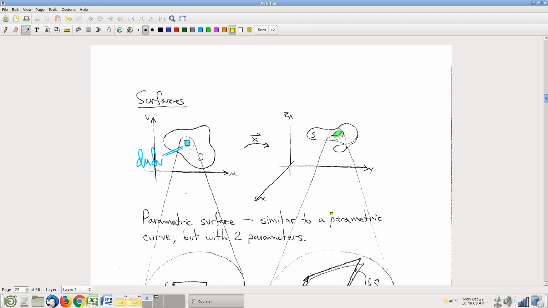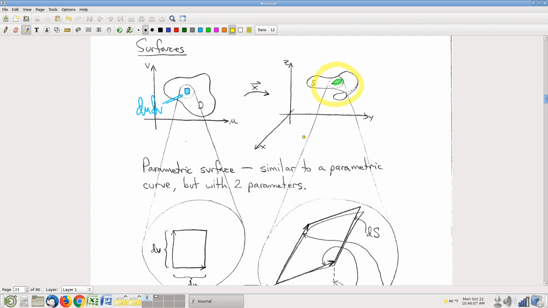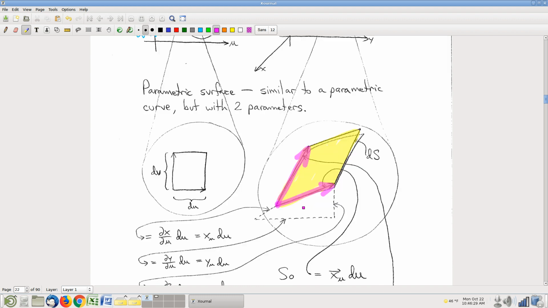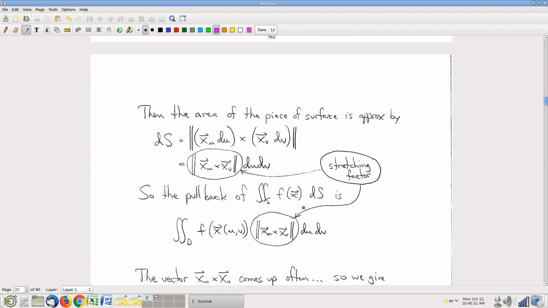Let me just remind you, our goal was to compute the area of that little parallelogram. The point being that the area of the parallelogram is our approximation of the area of that little piece of surface. How do we compute the area of a parallelogram? This goes way back to early chapter 12. The area of a parallelogram in space is computed from knowing two edge vectors, by taking the magnitude of the cross product of those two vectors.